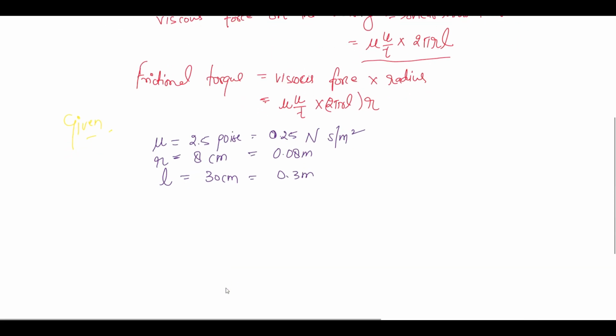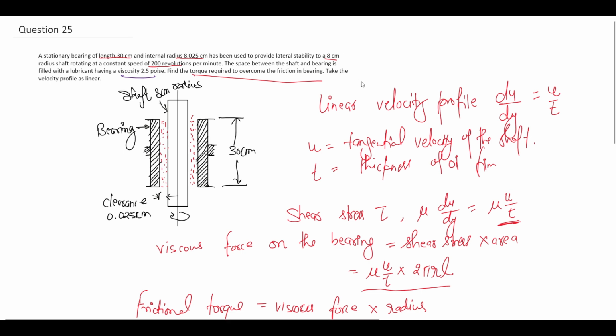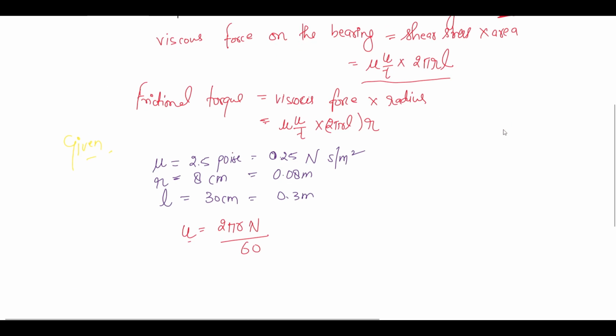From here I can find U. U is equal to 2 pi R n by 60. U is the tangential velocity of the shaft, and n is the rotational speed in rpm.